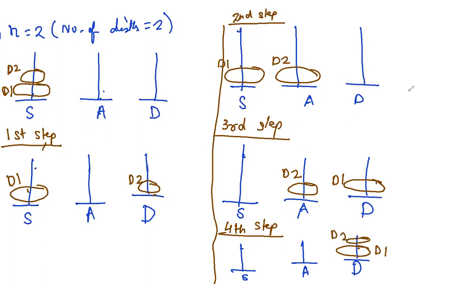So the step which we did extra is this step. That is, I moved D2 to D in this step. So this is not necessary.